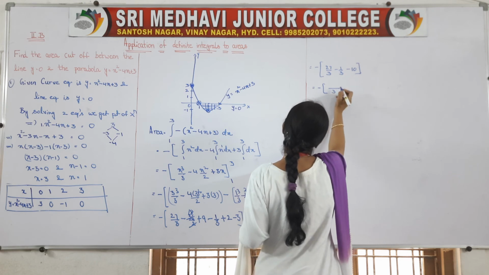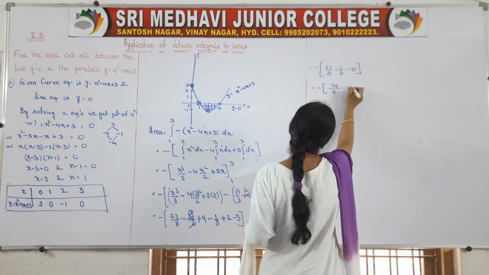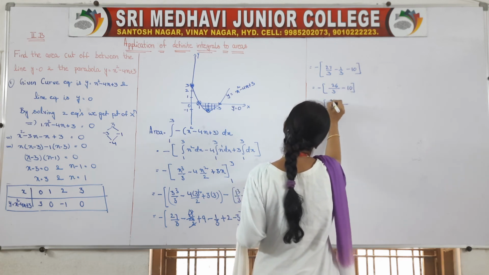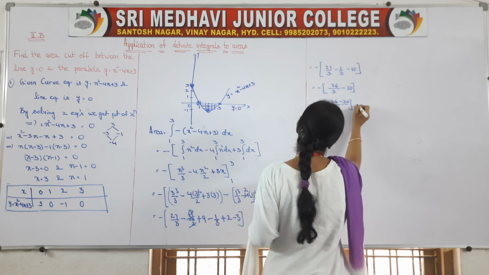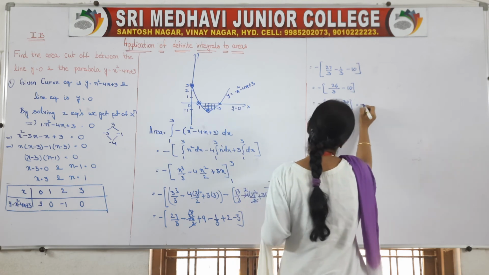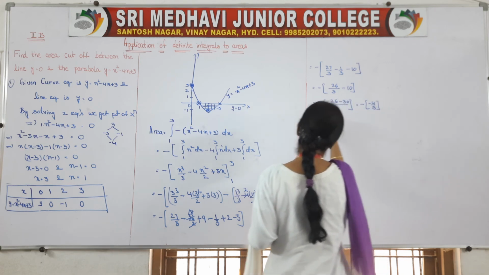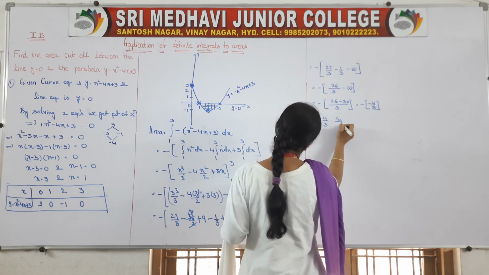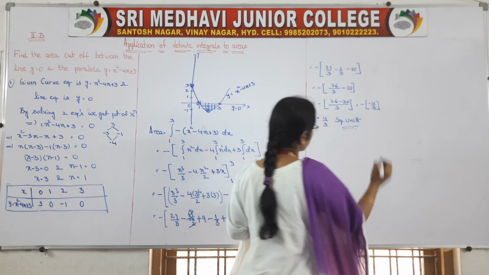Taking the LCM as 3, it is 26 minus 30, so it is minus 4 by 3. Minus half, minus and minus make plus, so it is 4 by 3 square units, which is the answer.